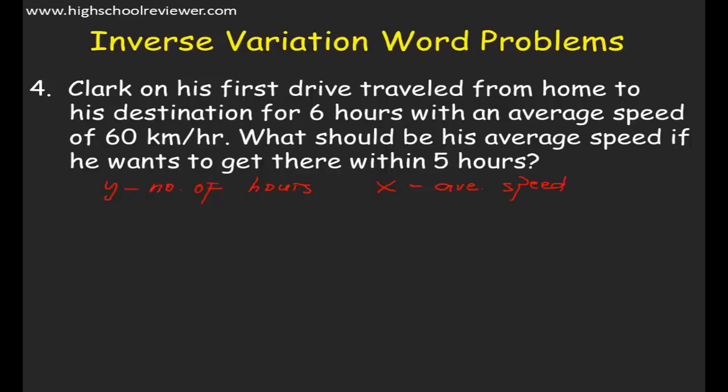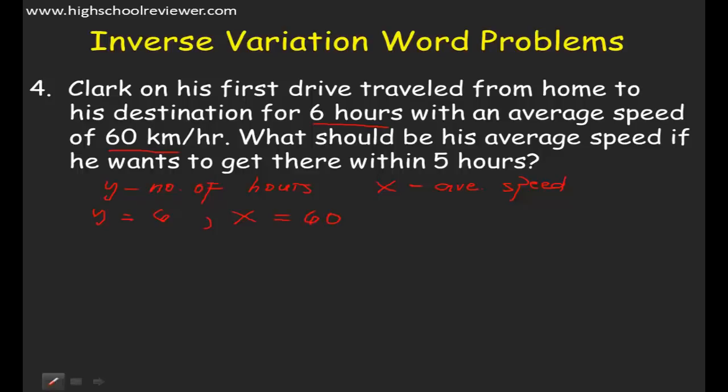So the initial values: y is equal to 6 hours, when x is equal to 60 kilometers per hour.